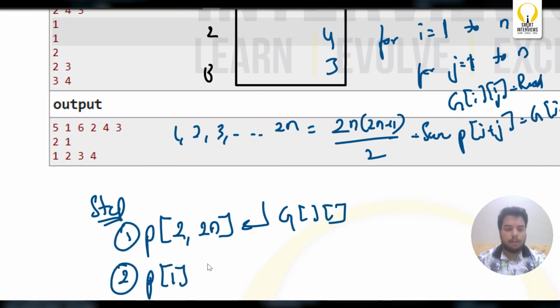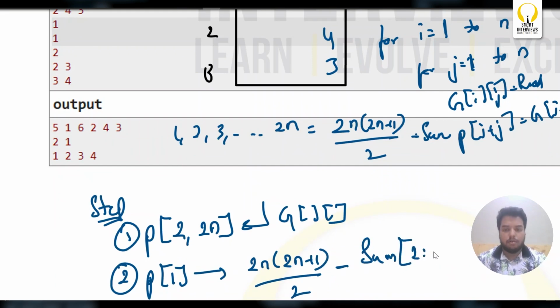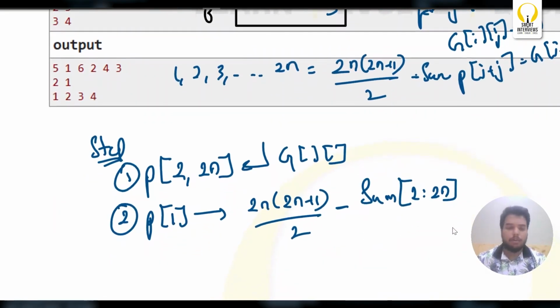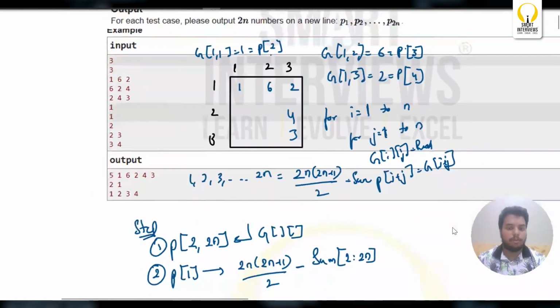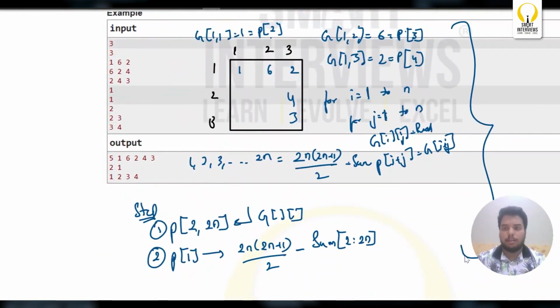For P of 1, I can get it like 2n into 2n plus 1 by 2, subtract the sum of 2 to 2n. So these two steps will help us to write the code. I hope you have understood the problem statement followed by the explanation. So it's quite a direct problem. Let's see the code for it.